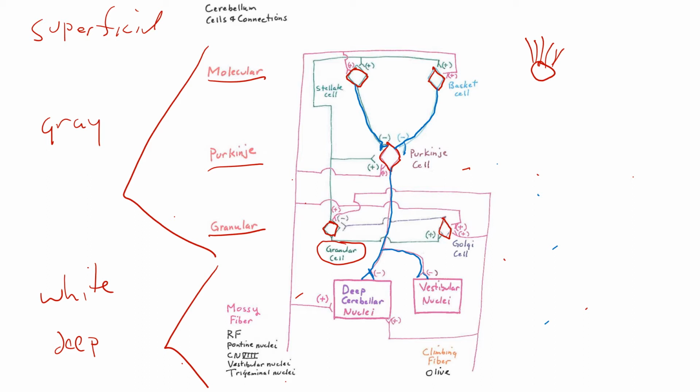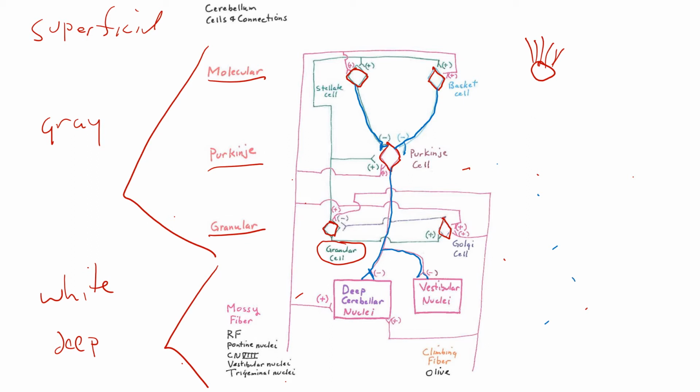Just a moment of sidebar: I've placed the vestibular nuclei on this diagram, but we want to remember that the vestibular nuclei are not found in the cerebellum. I've just placed them into this schematic because there was a space to put them. I am not implying that the vestibular nuclei are found in the cerebellum. But the Purkinje cells are going to be inhibitory neurons on the deep cerebellar nuclei and the vestibular nuclei.